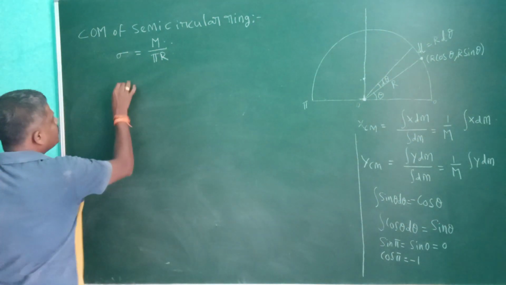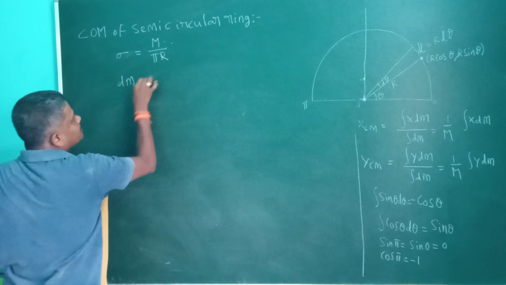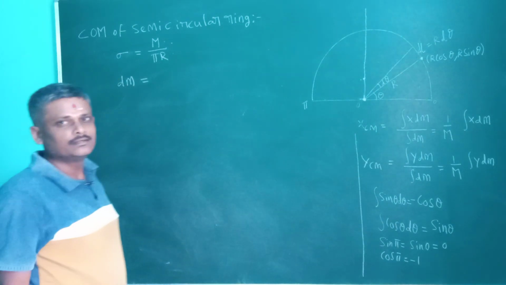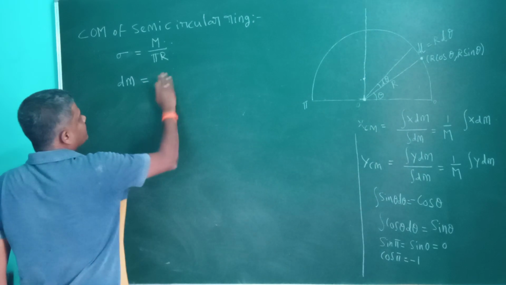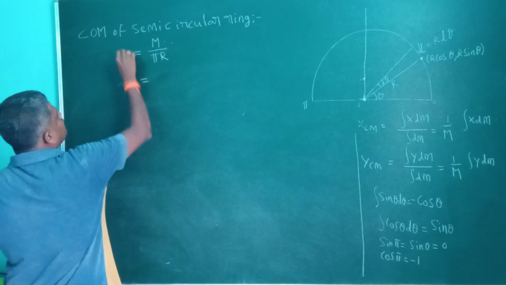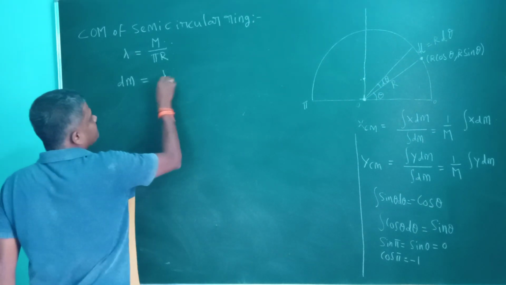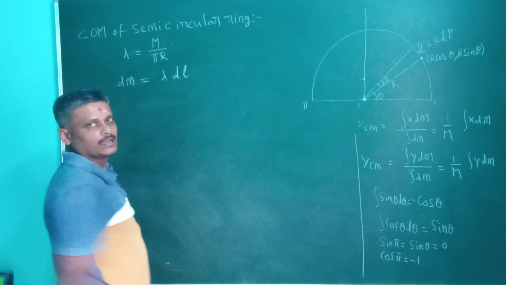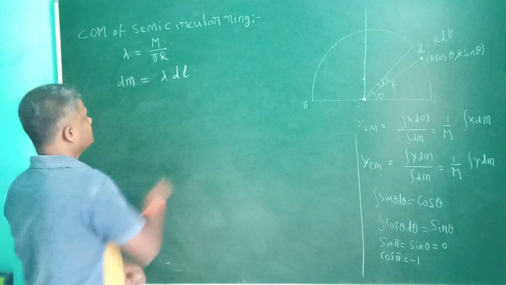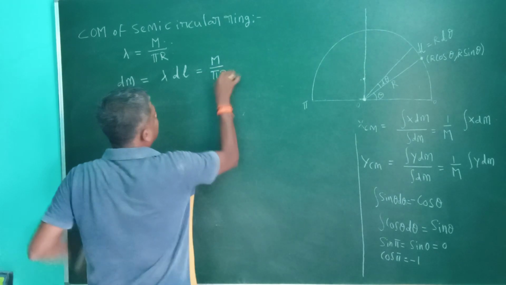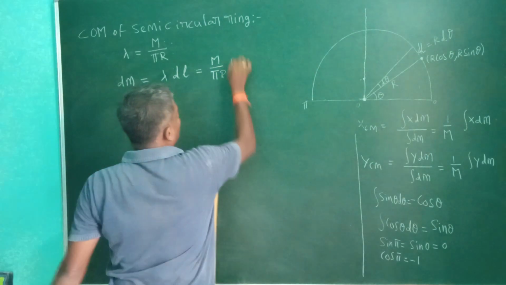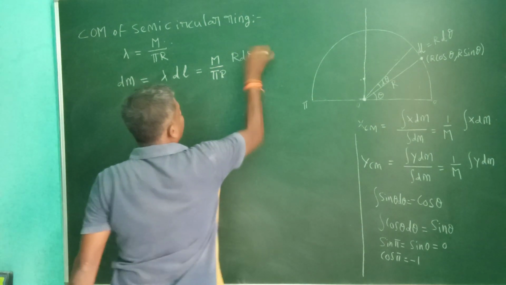Then the mass of the element dm is obtained by multiplying linear mass density with the length of the element, that is M by pi r into dl, which is written as r d theta.